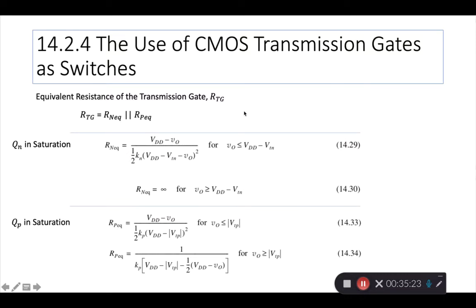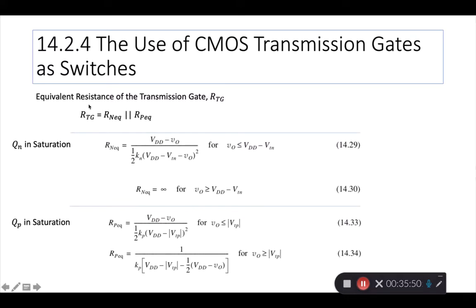One other important concept is called the equivalent resistance of the transmission gate. We have a transmission gate, but we need to know if there is any resistance at all in the circuit. And obviously, even though these are nice smooth switching devices with low resistance, there is still a definite resistance. So we need an estimate of that.